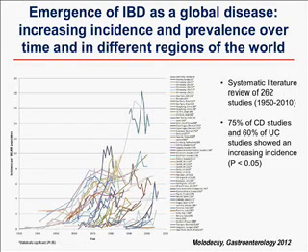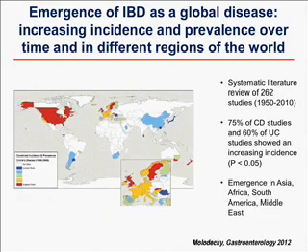I think most important, the title of this paper suggests that these diseases are now global diseases. And the paper pointed out the emergence of IBD in areas of the world that traditionally, if you read old textbooks of medicine, have been thought to be resistant, if you wish, or not sites of IBD, in areas in Asia, Africa, South America, and the Middle East.